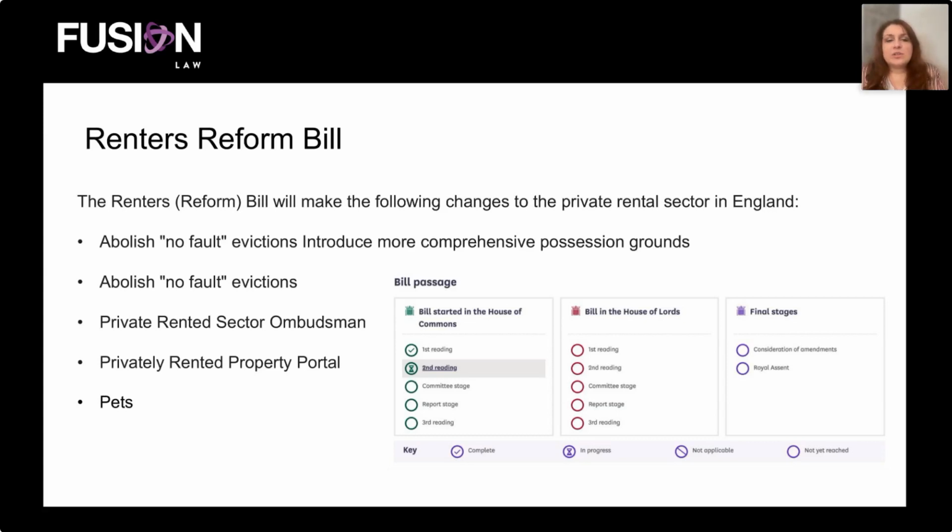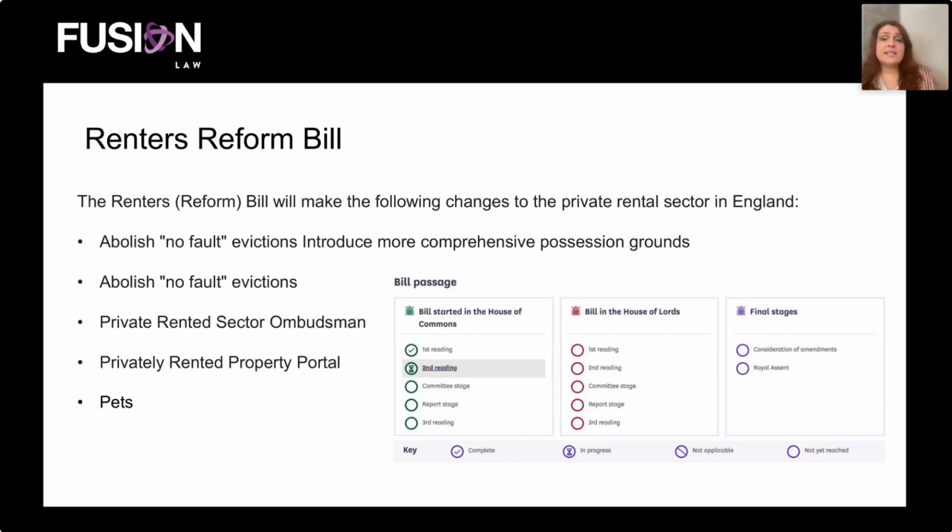Now, there has been a lot of talk about abolishing the Section 21 notice procedure used to terminate an AST, which is often referred to as a no-fault eviction. In fact, what the bill intends to do is to abolish all ASTs entirely and remove the ability to grant a fixed term tenancy altogether.